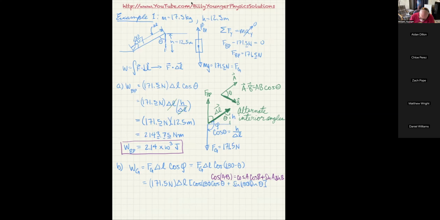Okay. Well, if you look at our graphs, for instance, for cosine, it looks like that. This is 180, and therefore we get a negative 1. So this quantity right here is negative 1, and this quantity right here is h over delta L. Now the sine of 180, this one was cosine.